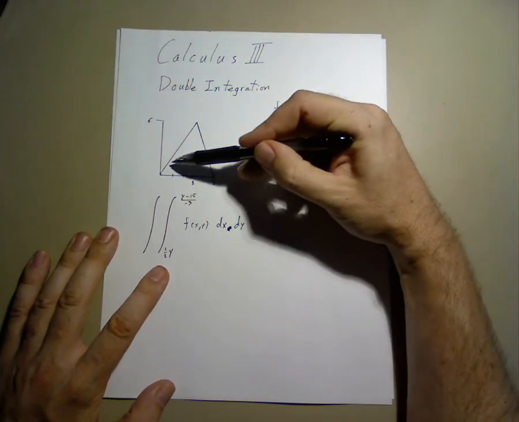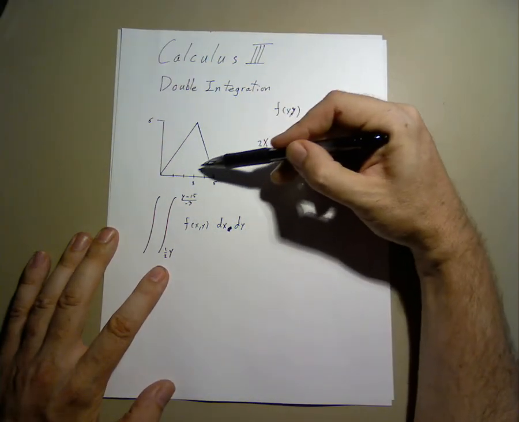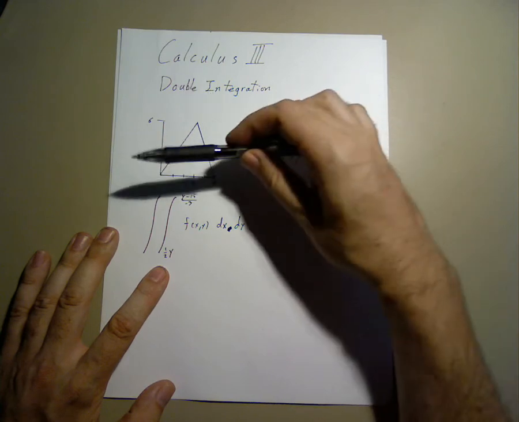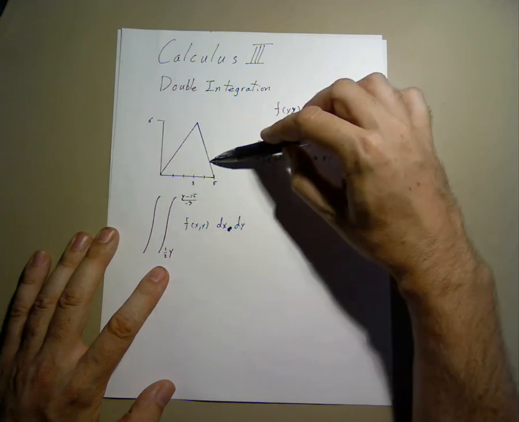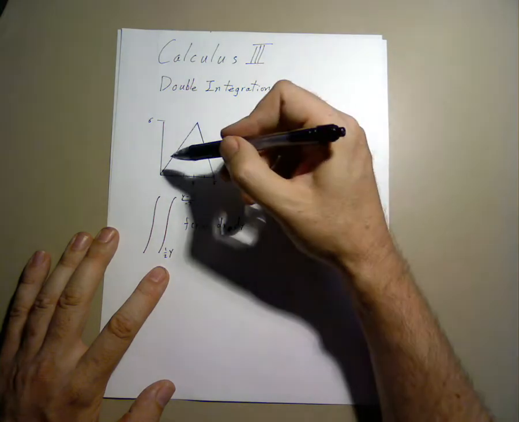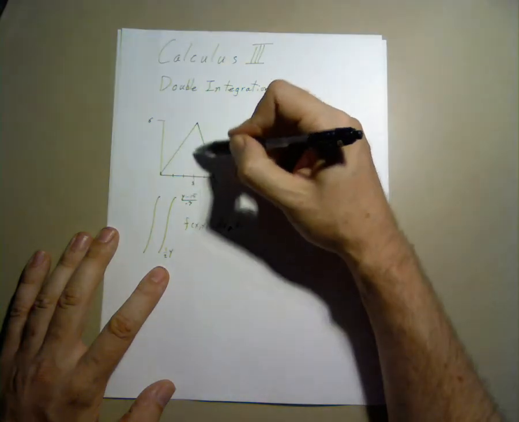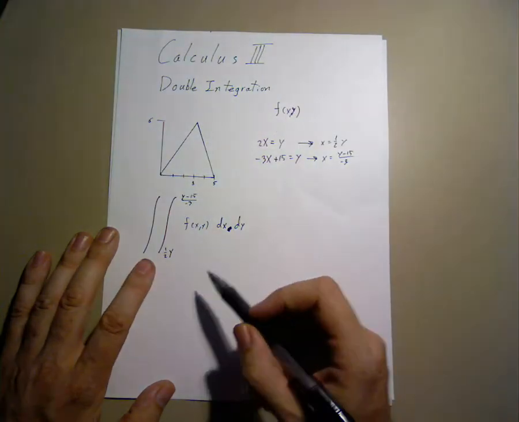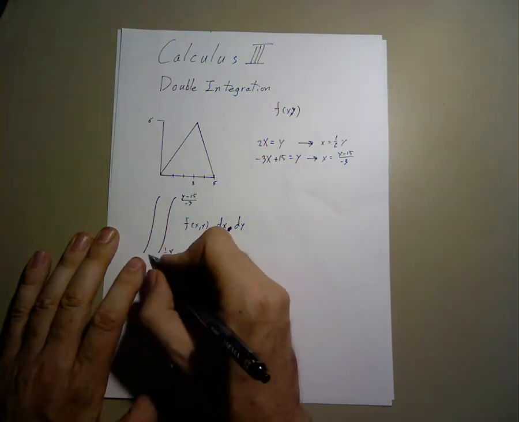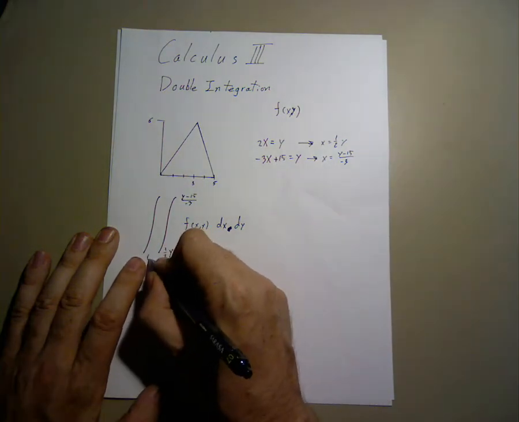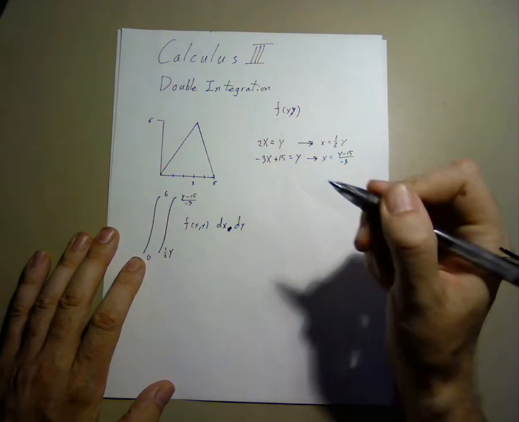Now that's integrating this way. Next we need to take that arbitrary line and integrate vertically. So we'll take each of those possible lines and integrate from 0 to 6.